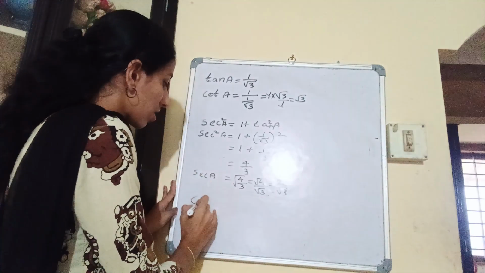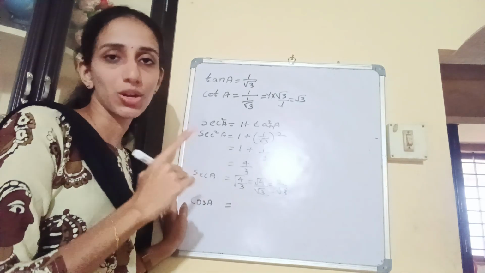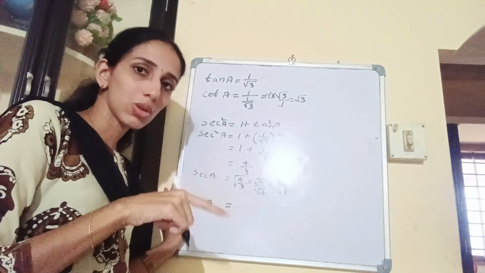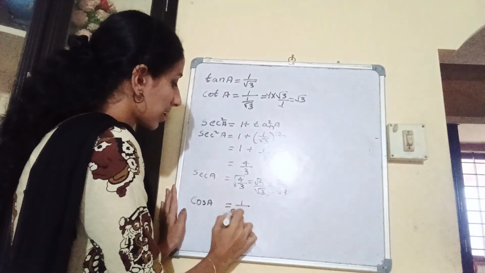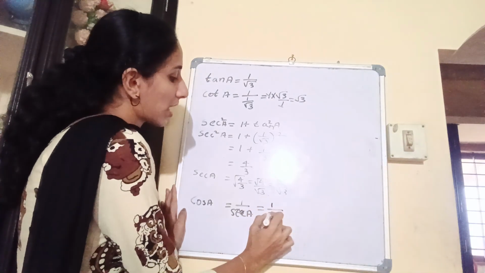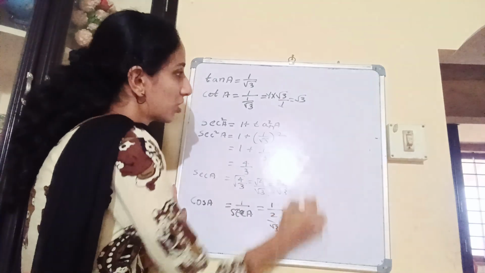What is cos A? Cos A is the reciprocal of 2 by root 3. What is the reciprocal of 2 by root 3? It is root 3 by 2. That is cos A is equal to 1 by sec A, that is 1 by 2 by root 3, which is equal to root 3 by 2.